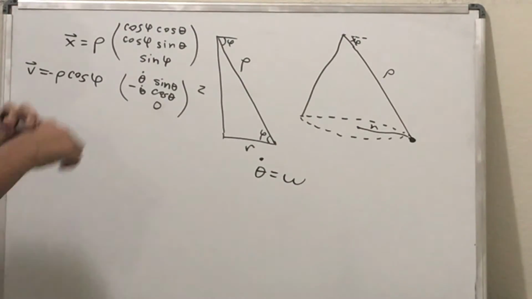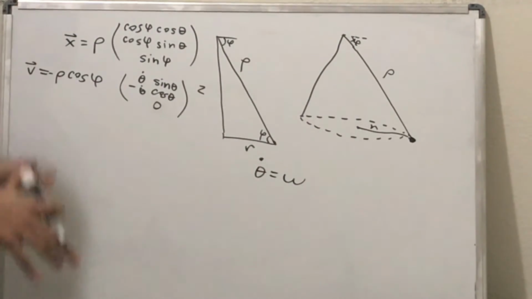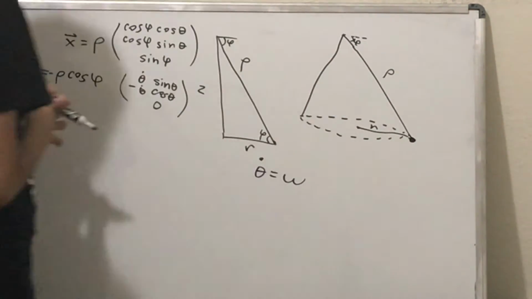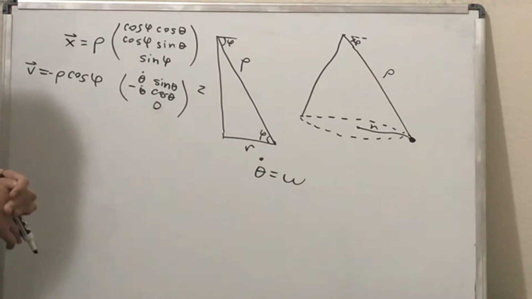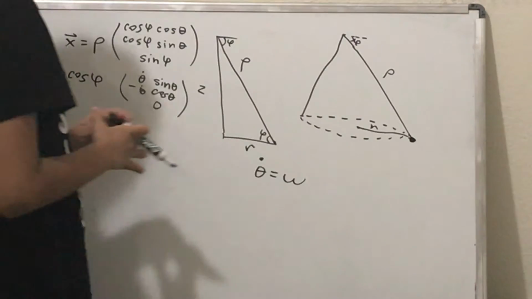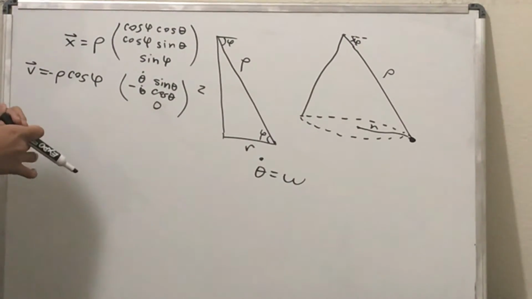So we could write it as an omega, and for the purpose of this video, we'll assume that the mass has a constant angular velocity.